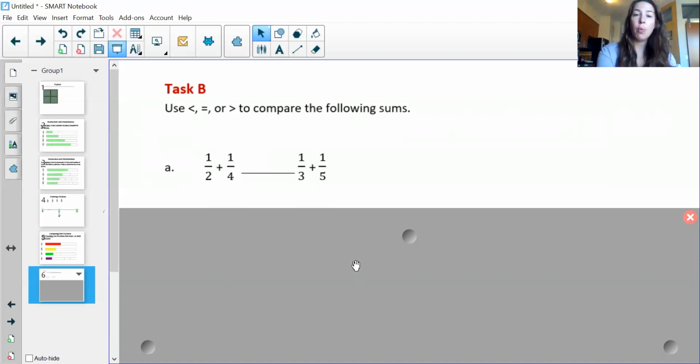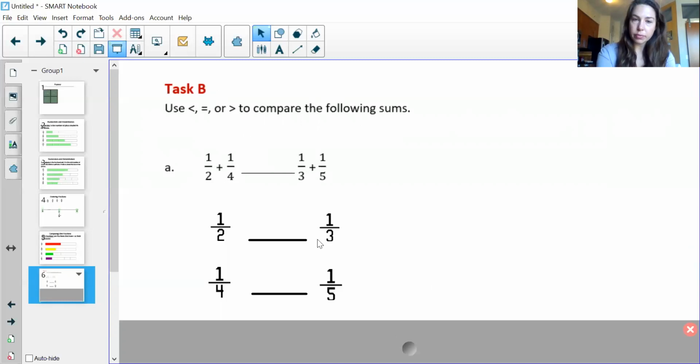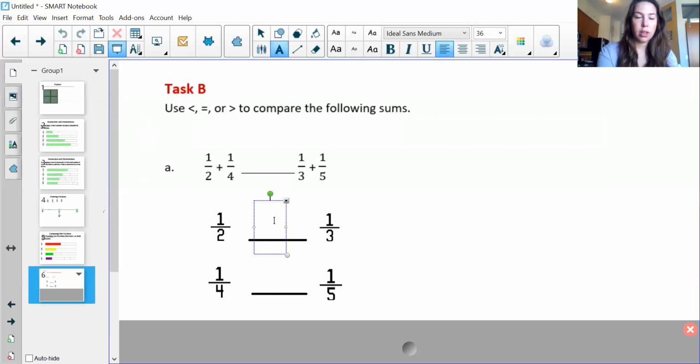So what I did first was I took the largest fraction from each pair. So 1/2 and 1/3. If you compare 1/2 and 1/3, well, 1/2 is greater than 1/3, so I already know that 1/2 is bigger. Then I look at the next two fractions, 1/4 and 1/5.